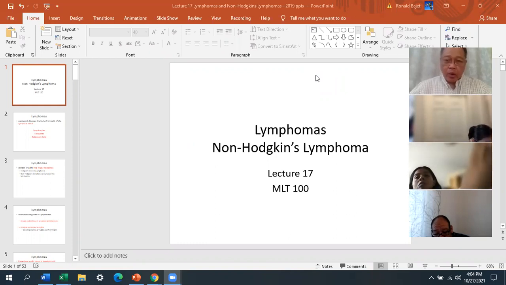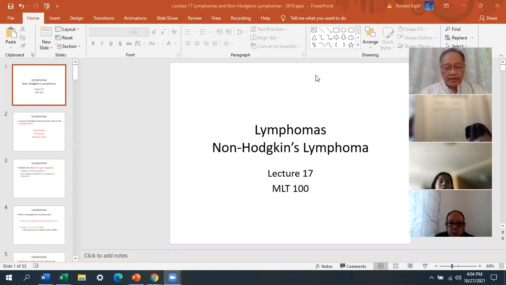And like today, we're going to be talking about lymphomas and non-Hodgkin's lymphomas and things like that. Okay, so at this point, do any of you have any questions? So next week, it's going to be acute leukemias. I like the acute leukemia section. You know, the M0 to M7s and things like that. I think they're interesting. I don't think that they're cool, but I think they're really interesting to know. Any questions?